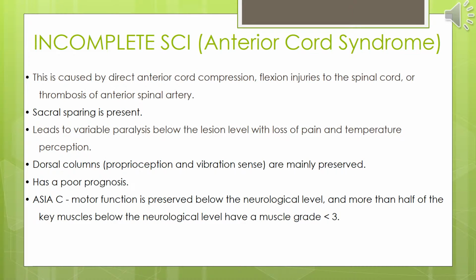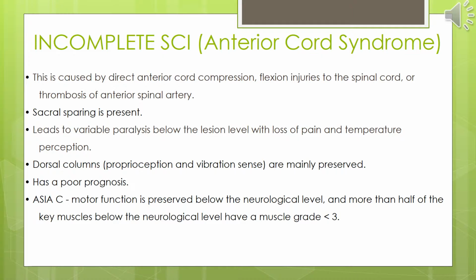Okay, so now we have incomplete spinal cord injuries, such as anterior cord syndrome. This is caused by direct anterior cord compression, flexion injuries to the spinal cord, or thrombosis of anterior spinal artery. Sacral sparing is present, leads to variable paralysis below the lesion level with low or loss of pain and temperature perception.